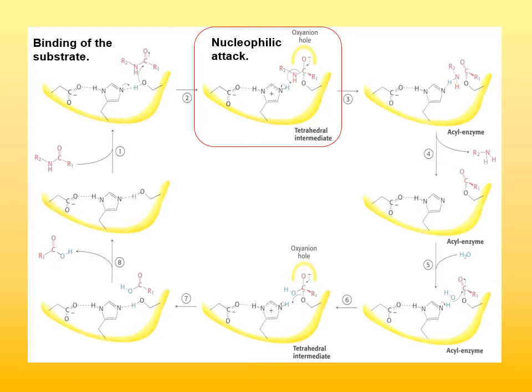And so as a strong nucleophile, it attacks the carbonyl carbon. The reaction is catalyzed or made rather easy by the presence of the oxyanion hole at the catalytic site of the enzyme. We will examine the oxyanion hole a little bit later in the next slide. But the role of the oxyanion hole is to stabilize the unstable tetrahedral intermediate.